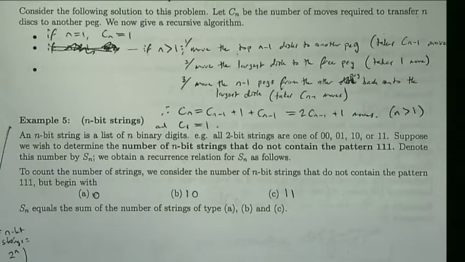So it's much easier to count it this way, where we say, why don't we say, if we knew how many n-bit strings there were that didn't contain 111 of a certain length, then we could figure out how many were for a bigger length. So if we chopped off the first digit, the rest of it doesn't contain that.